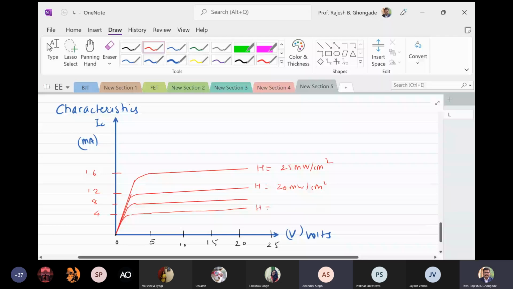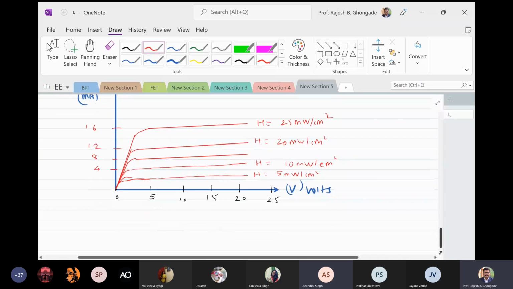Milliamperes, which is much more significant as compared to the photodiode. So the phototransistor is more sensitive to light than the photodiode. So most of the time it is preferred.